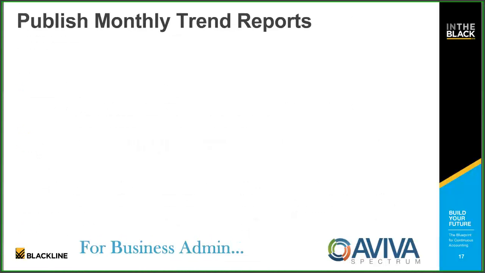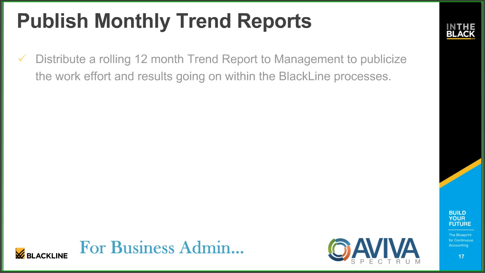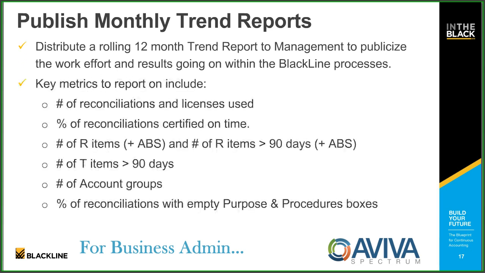Agreed. An additional thing that I like the business administrators to really focus on is evidencing all the work that the reconcilers are doing within the organization. The best way to do that is to identify metrics for all the processes, publish those metrics within some type of report that's submitted to all the controller level and to the leadership level.